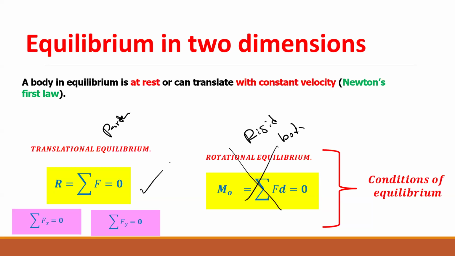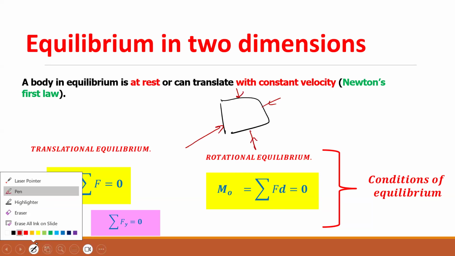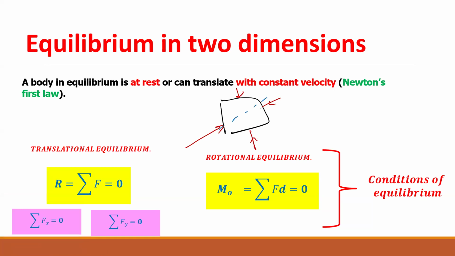You can just apply this and you will be able to solve questions. But if there is a rigid body, that means forces are not going through a single point. For example, let's say we have these forces. Now, when you extend the line of action of the forces, if you see that it is not going through a single point, say they are intersecting at different points, in that case you need to consider the moment as well.